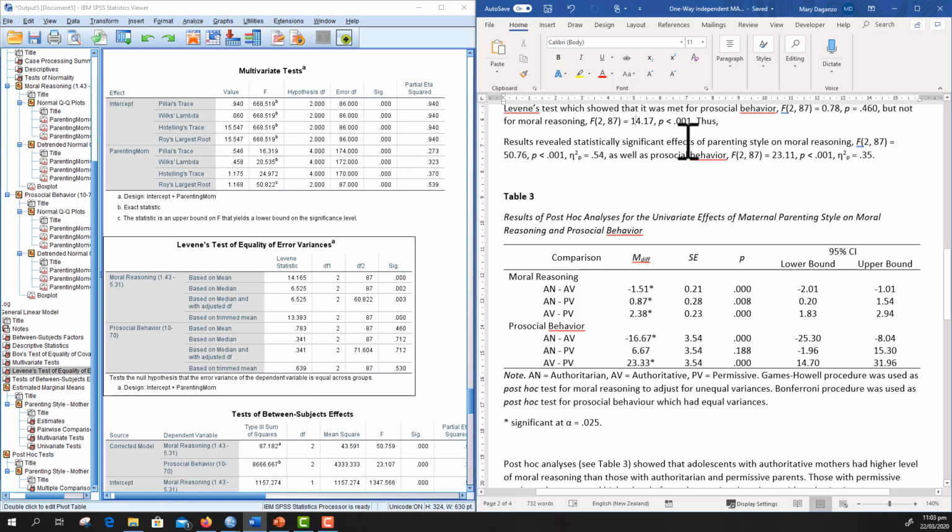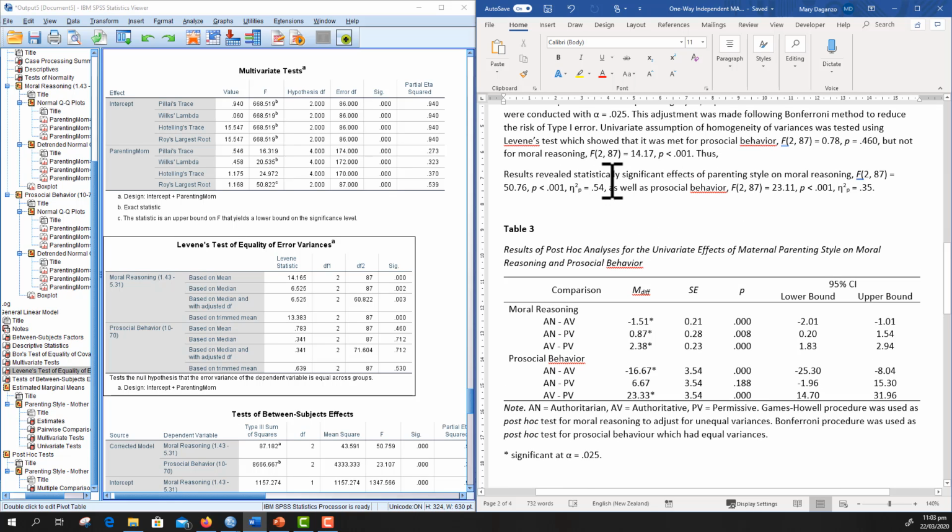Okay. And so we have here the result of the univariate test. So remember, this line, statistically significant, should be indicated, and then you have your F value, the p-value, and then the partial eta squared.